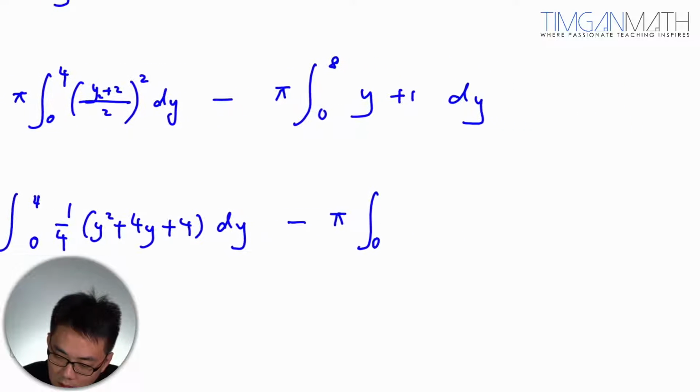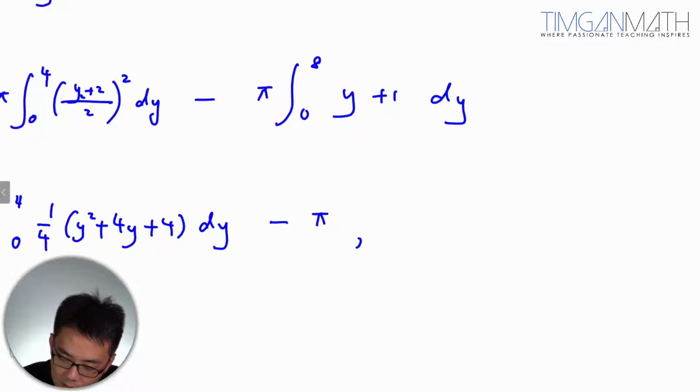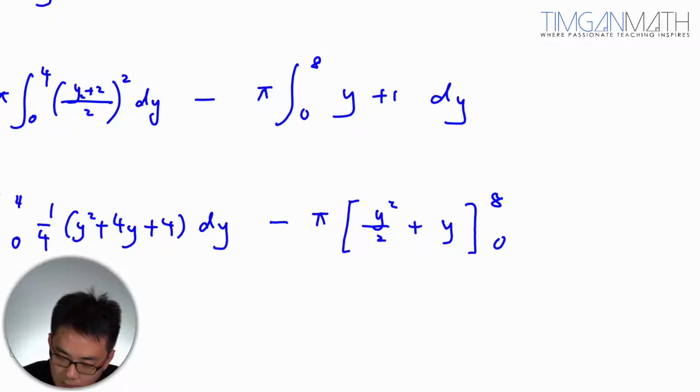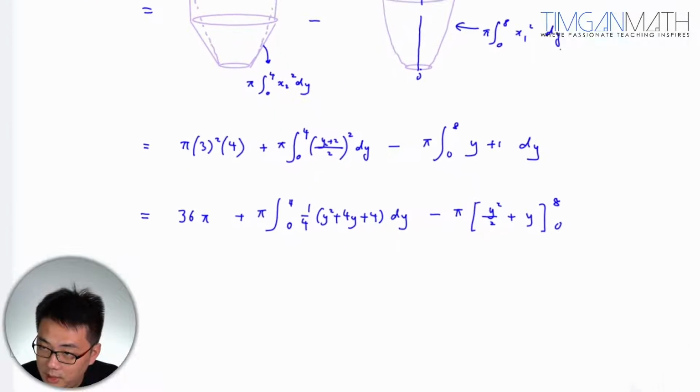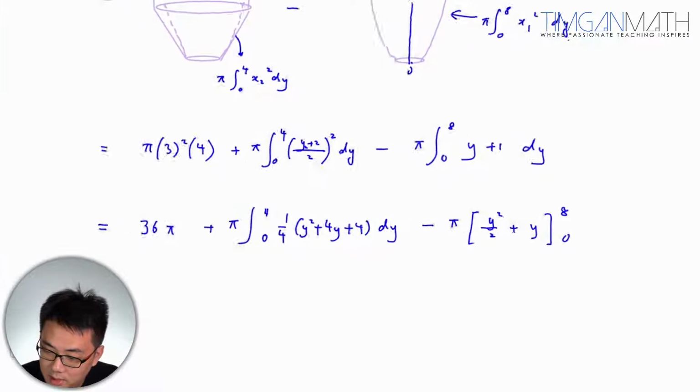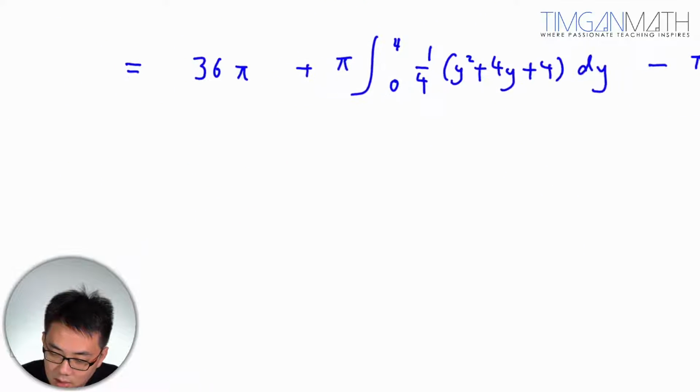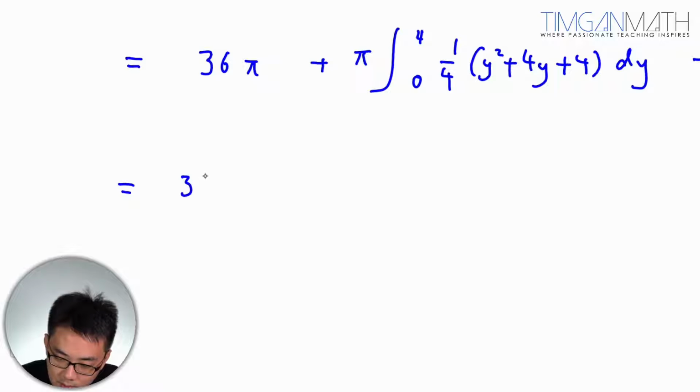So I can just integrate this straight. y squared over 2 plus y, from 0 to 8. Yep, then what I'll need next is actually just integrating, so it's not too bad.